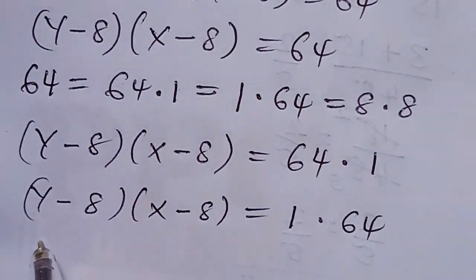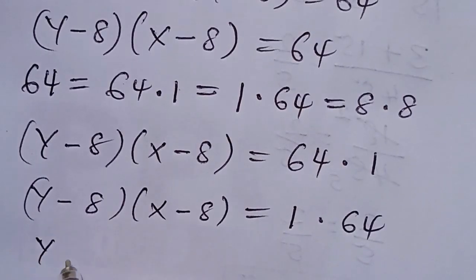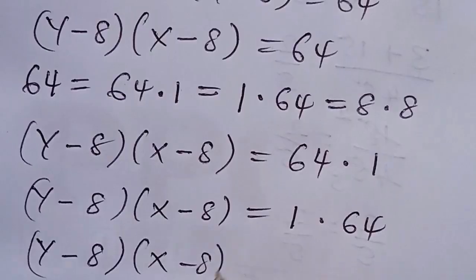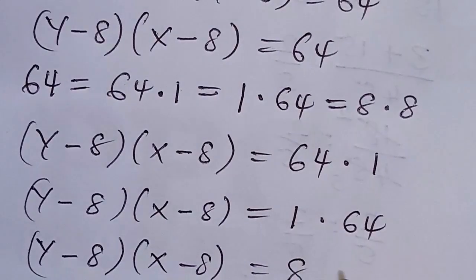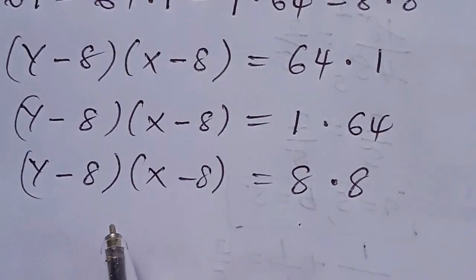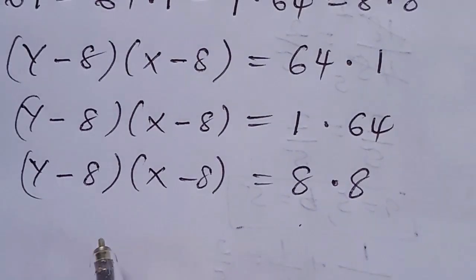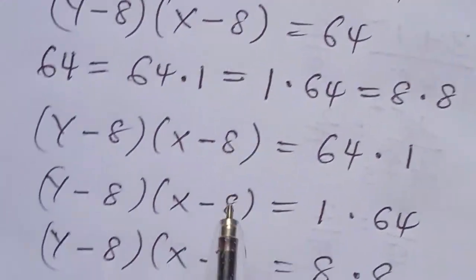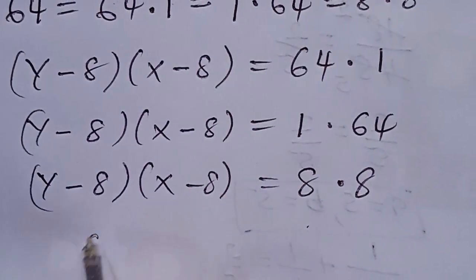For another case, we can also have y minus 8 into bracket x minus 8 equal to 8 multiplied by 8. So we treat all of these as separate cases. So we have this one as case 1.